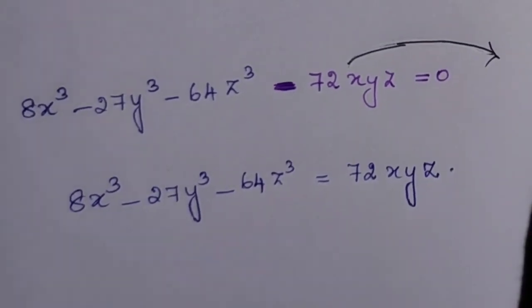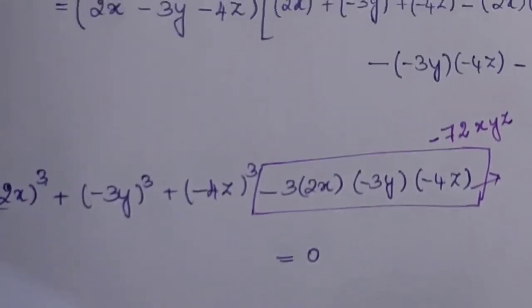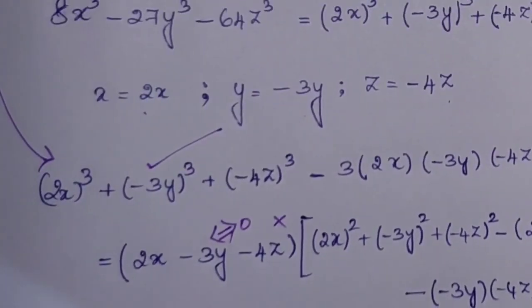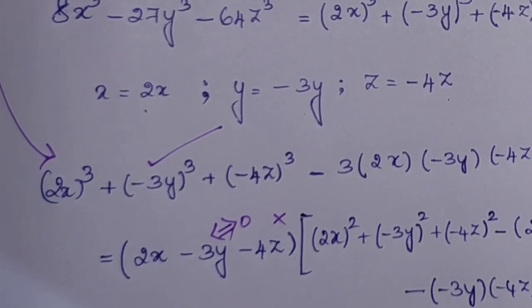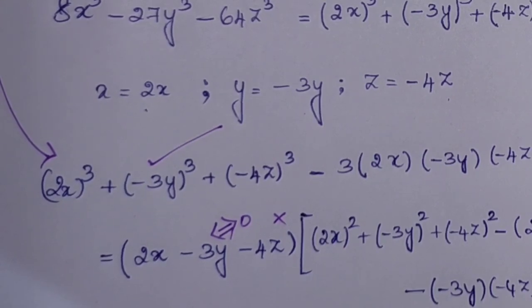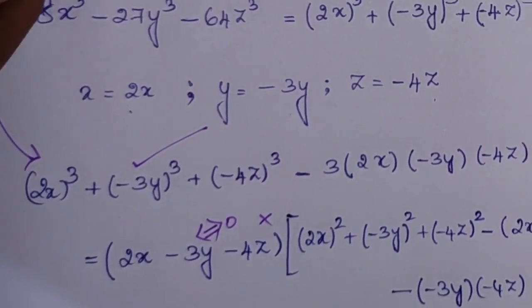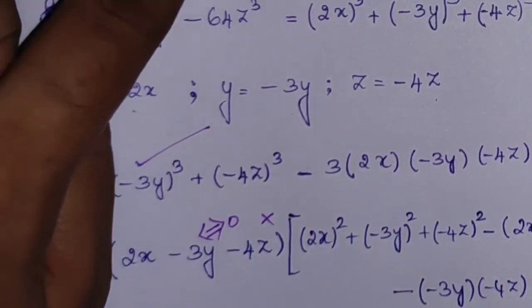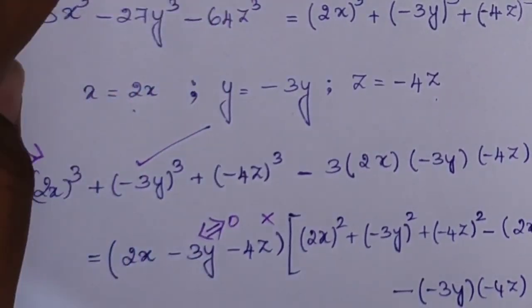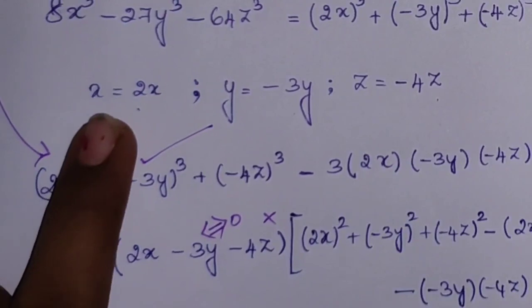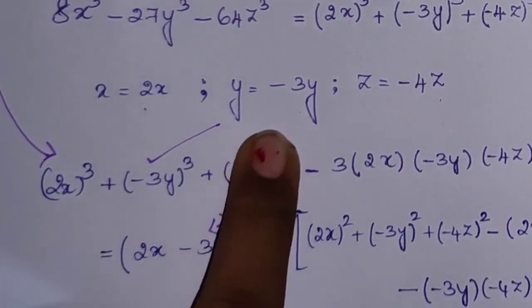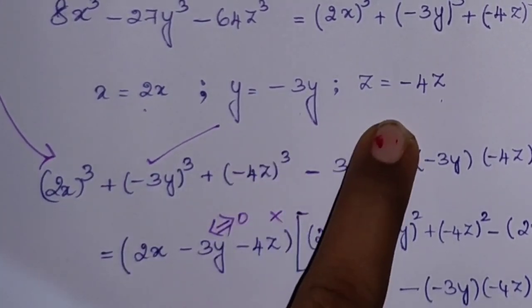Okay, I'll repeat it again. Your question is, if 2x minus 3y minus 4z is equal to 0, then find 8x cube minus 27y cube minus 64z cube. Write the identity, and find the values of x, y and z: x is equal to 2x, y is equal to minus 3y, z is equal to minus 4z.